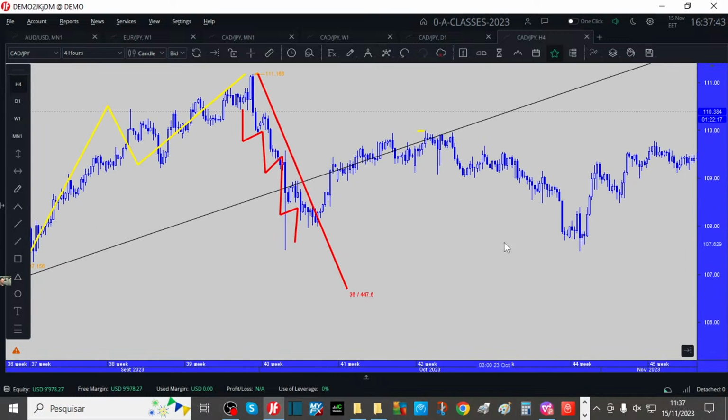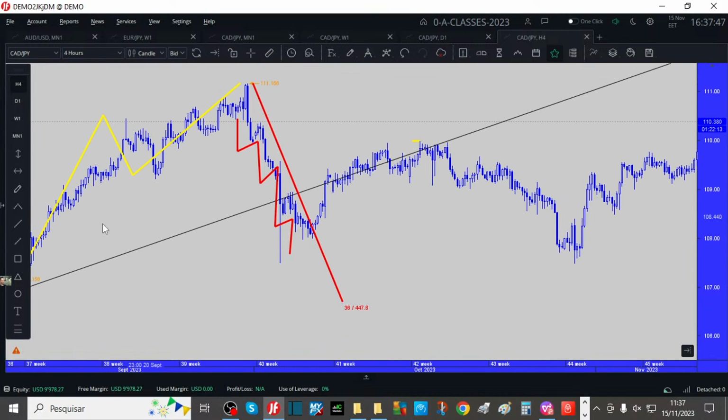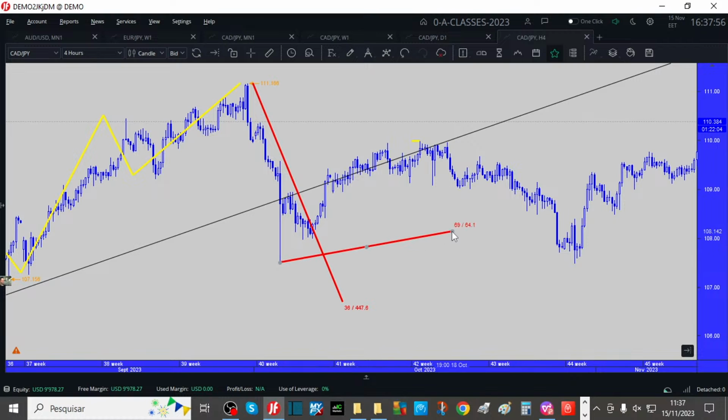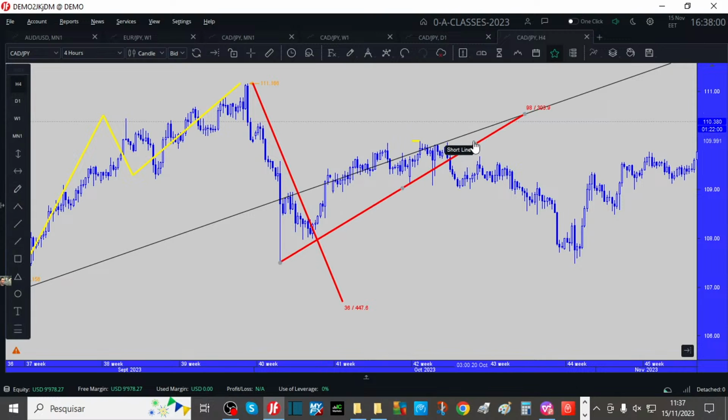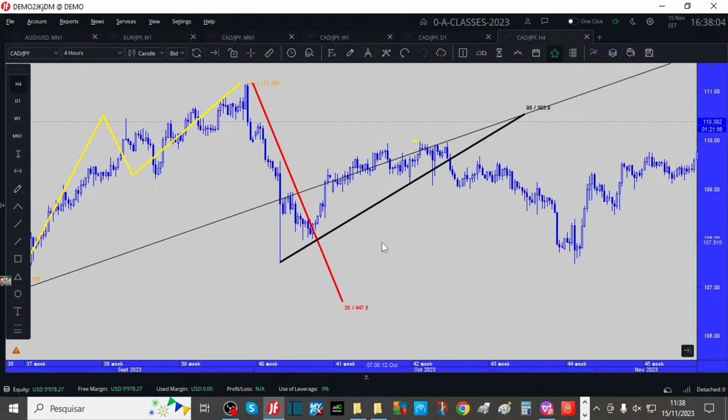Alright. But then the market stopped making lower lows, lower highs, and started making higher highs, higher lows. So I can take this low in here, stretch the trend line, and this was the highest high, so this is going to be on the 4-hour chart now the short-term uptrend line.